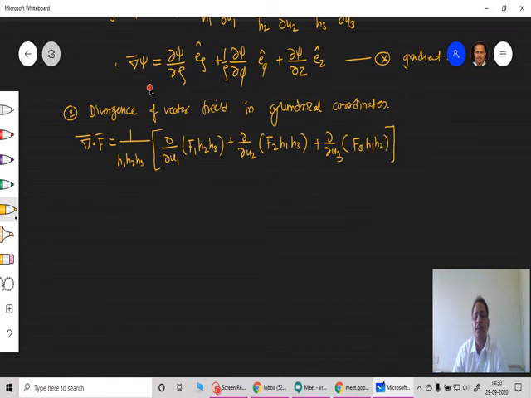Now replace F1 F2 F3 as we have already written in the table, as well as H1 H2 H3 by 1, ρ and 1, and u1 u2 u3 by ρ, φ and z.